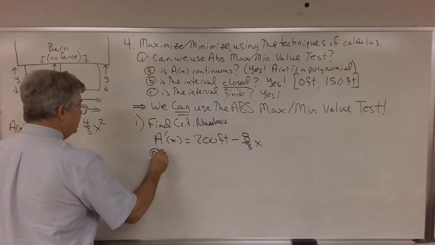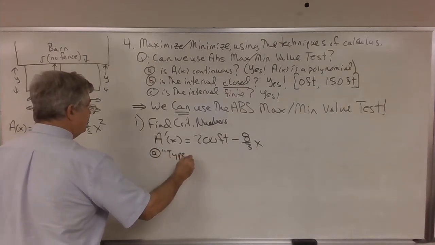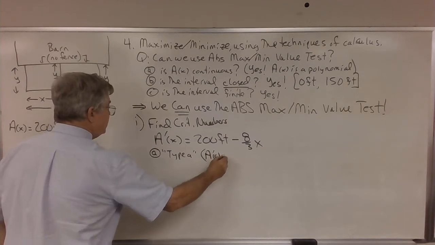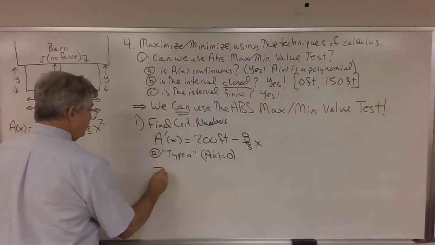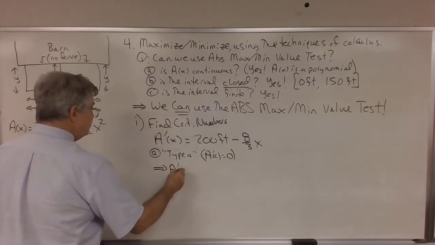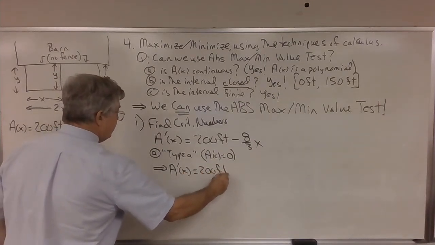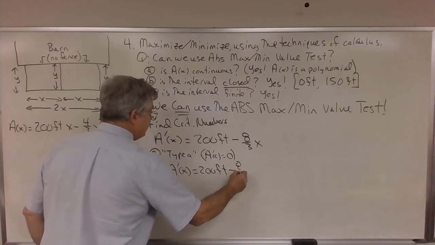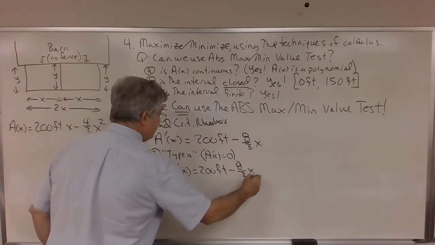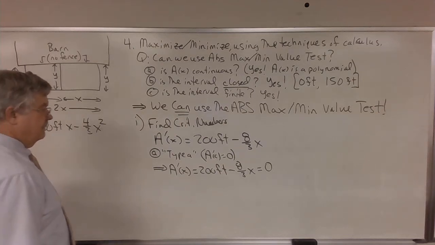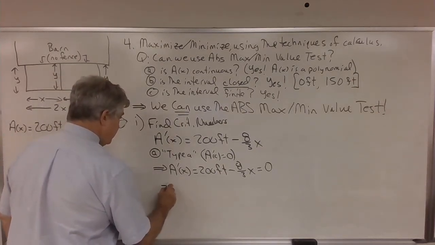And we're looking for type A critical numbers. A prime of c equals 0. So we set the derivative to 0, and we solve for x. So let's see.